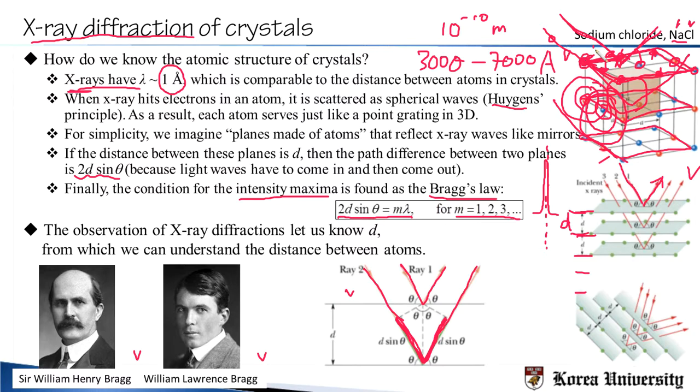For example, here, first you find the mirror like this, but at the same time, you can also find a mirror like this, and maybe also a mirror like this. So there are many mirror planes you can think of. You can repeat this measurement many times and eventually figure out the distance between atoms. That's how we know the distance between atoms in real materials.